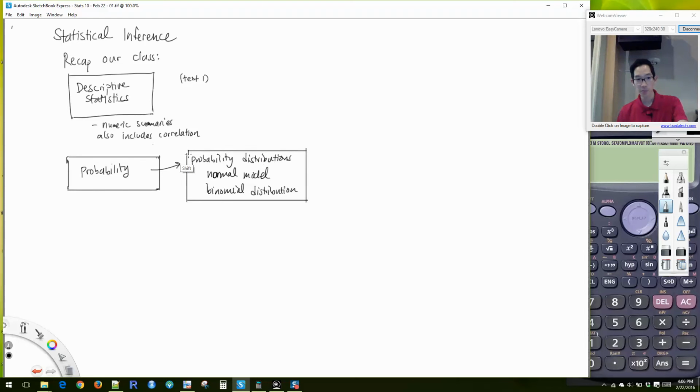And then the first part of chapter 7 was all about sampling distributions. This is where test 2 left off on Friday.